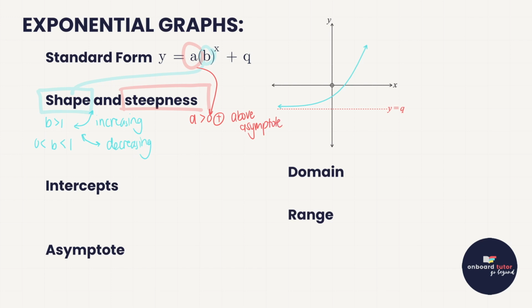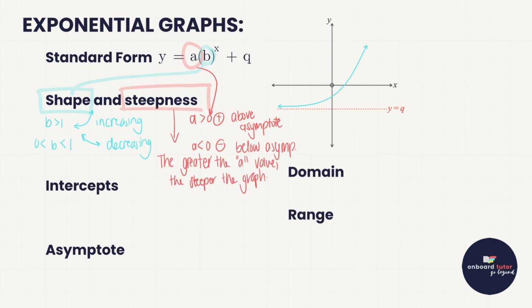Okay, so if you look at this one that we've got here, the graph is above the asymptote, so a is definitely positive there. Okay, if a is smaller than 0, in other words negative, then the graph is going to be below the asymptote.